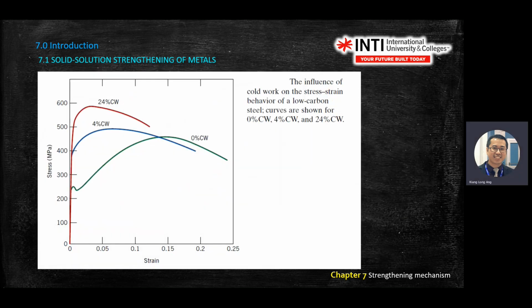This is another graph, a tensile graph, stress versus strain. As you can see, with the change of percentage of cold work, the more cold work you have, the higher the mechanical property is. Same material, this one is on the low carbon steel. The original one is the green color one. Then if you do 4%, it increases a little bit.